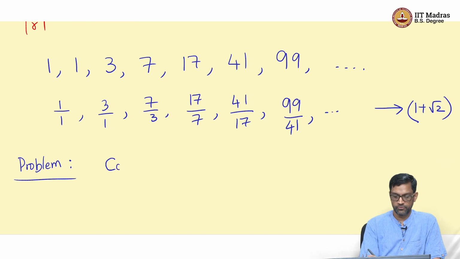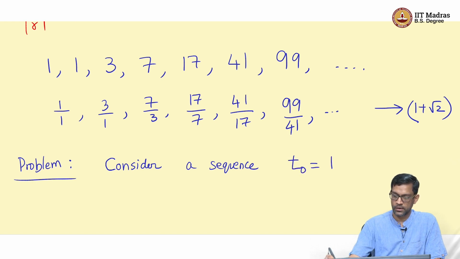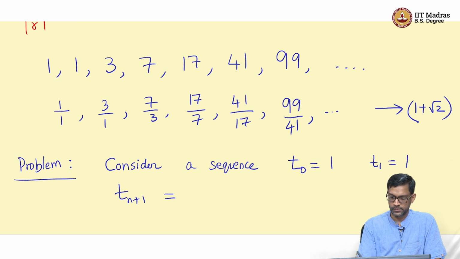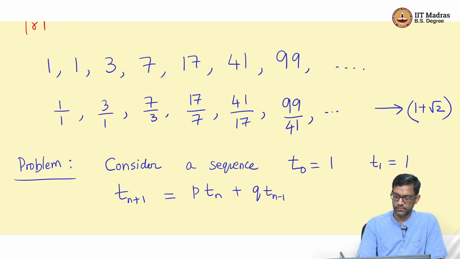So here's a nice problem for you. Consider a more general sequence given by a recurrence. Consider a sequence, we will call it T now, given by the following recurrence: T0 is 1, T1 is 1, and T(n+1) is P times Tn plus Q times T(n-1) for n greater than or equal to 1.